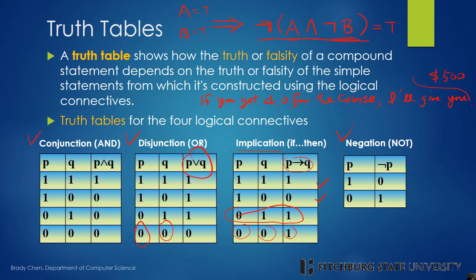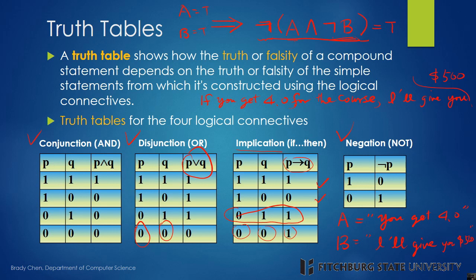Now let's say I define A as you get 4.0 for the course, and B as I will give you $500. So two propositions: A, you get 4.0; B, I will give you $500.